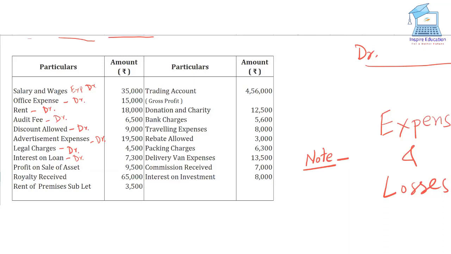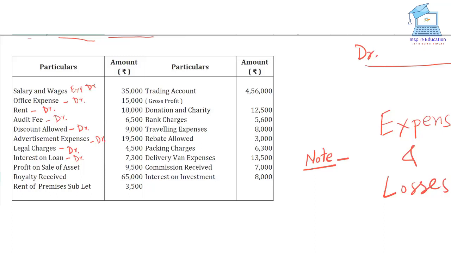If there is any confusion in your mind, whether this is interest on loan received or interest on loan paid. Since in this question, the informations are given only and there is no debit or credit written, this one is not a trial balance. This is just a piece of information. So we can give a note if required.